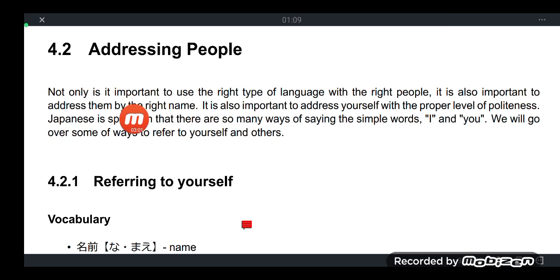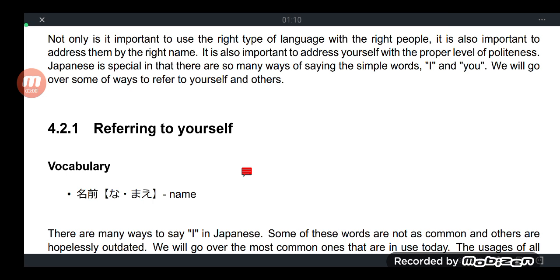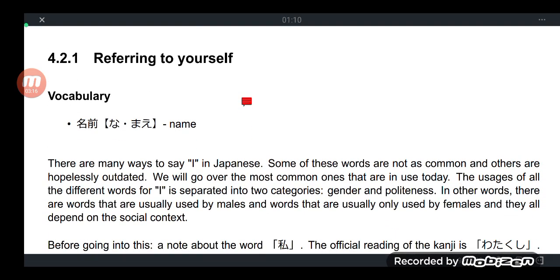First is the teinego or the polite, and then the sonkeigo or respectful, and the third is kenjogo or humble way of speaking. So let's start with referring to oneself. Say a speaker wants to refer to him or herself.